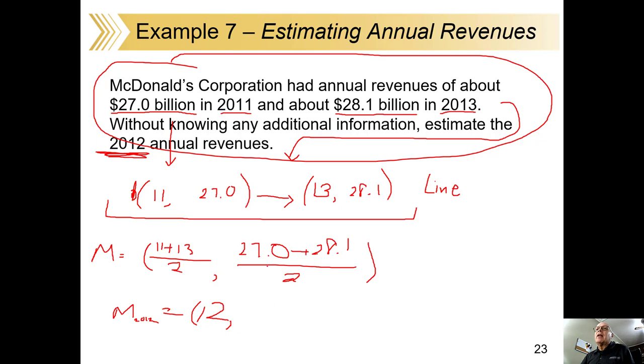Good. On the second part, 27 and 28.1 gives us 55.1 divided by 2. We could let our calculator do this job. 27.55. I'm not using my calculator, so I hope this is right. We'll see in a second.